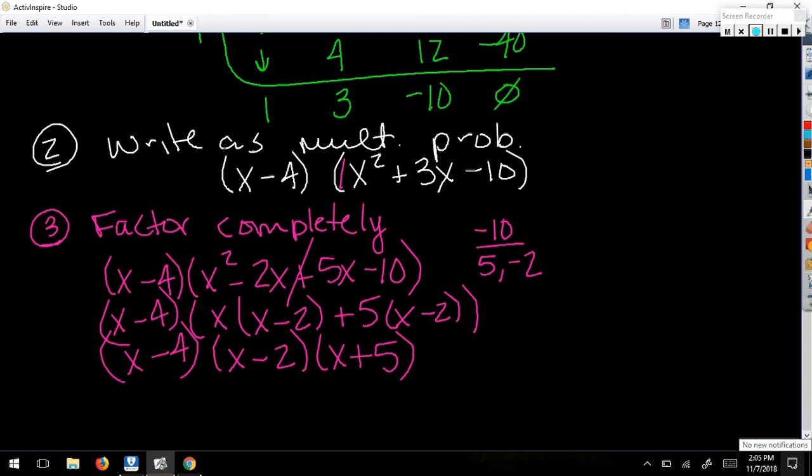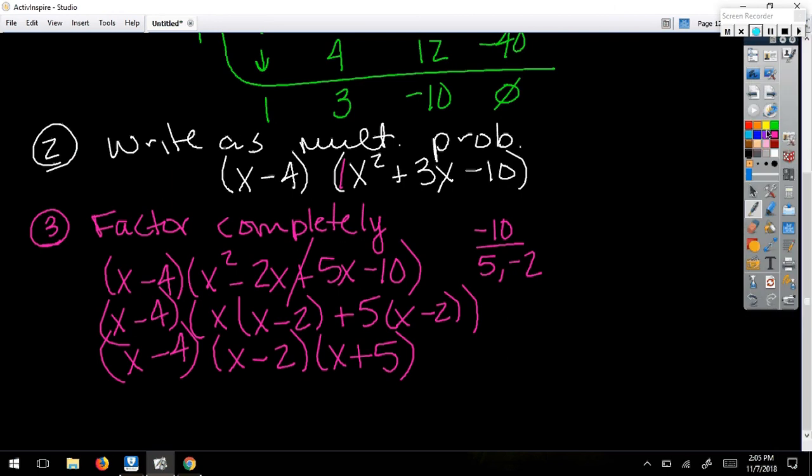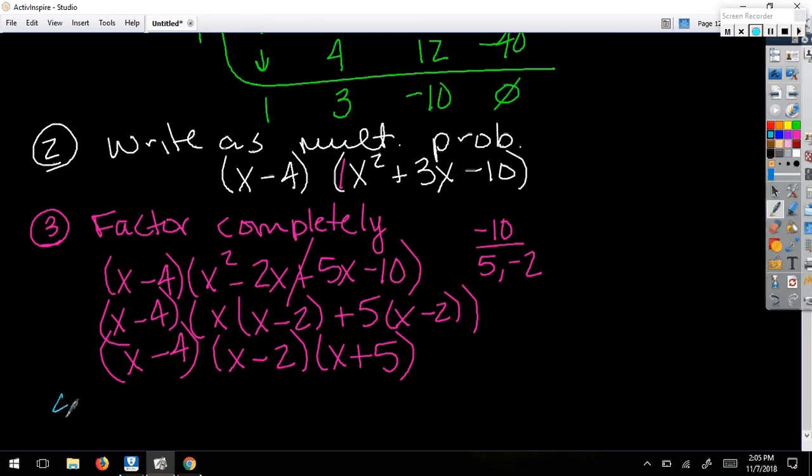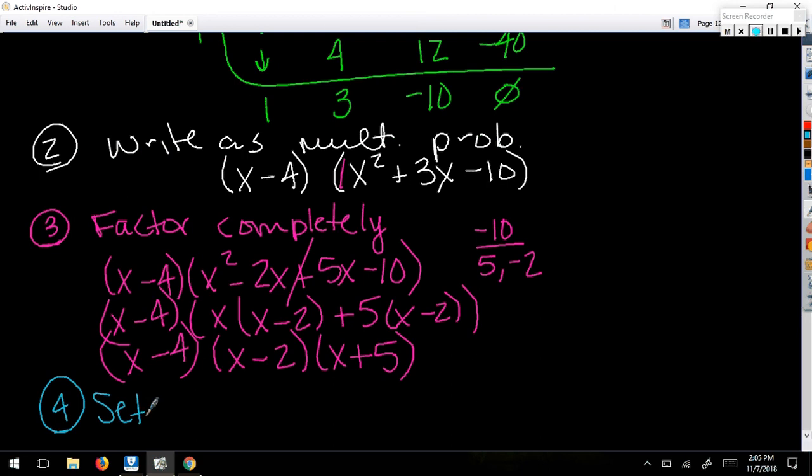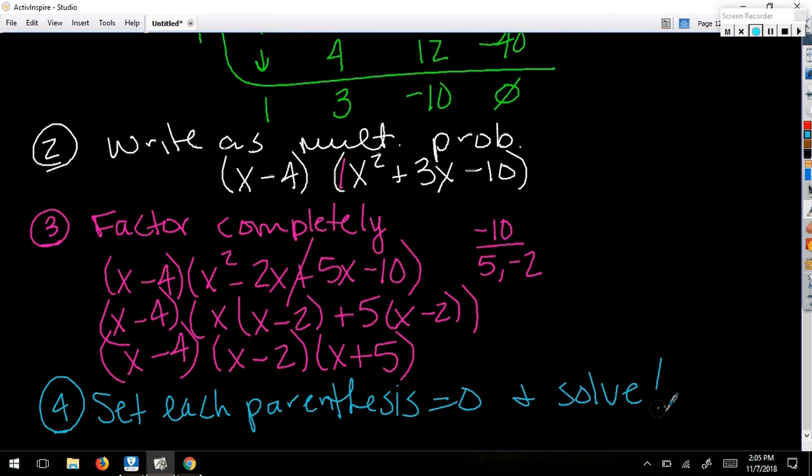So now I add one more step from what we did on Monday, and that is set each parenthesis equal to 0 and solve. That's the answer.